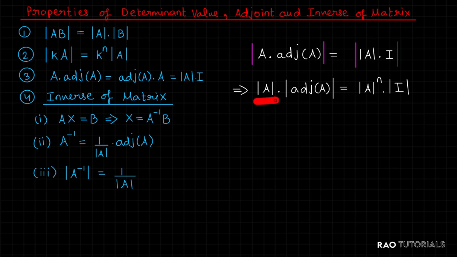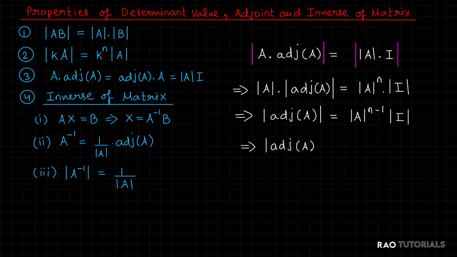Now cancelling out these scalars, we get, since determinant of identity is 1, the result determinant of adjoint A equals determinant of A to power n minus 1.